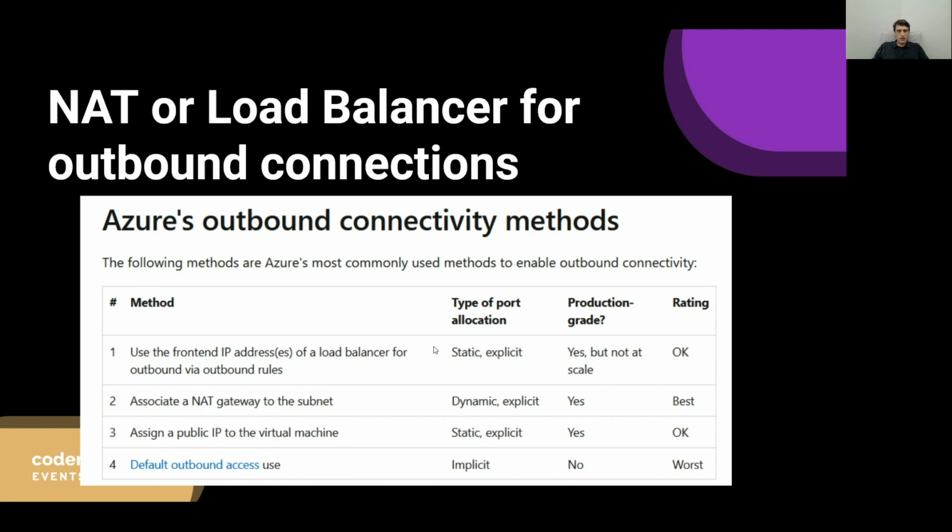Let's understand the difference. If we use a load balancer, the port allocation would be static, and if we use NAT gateway, allocation would be dynamic.